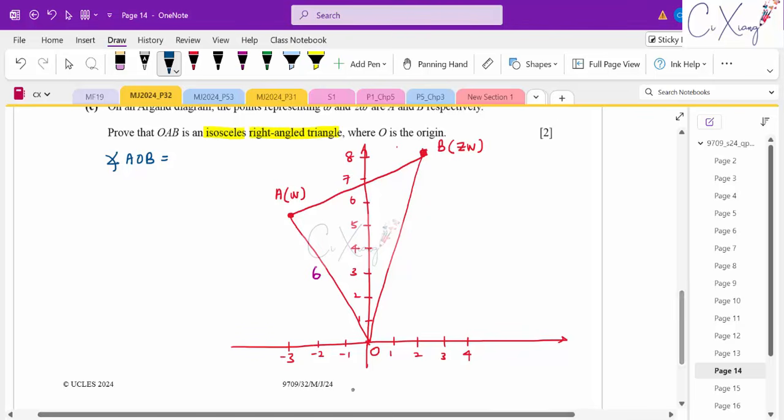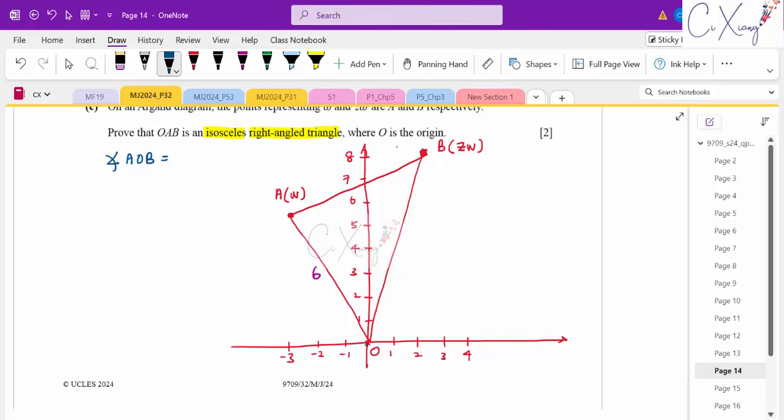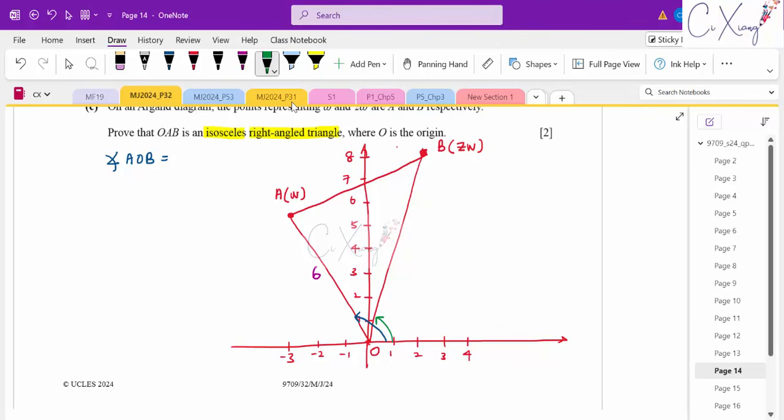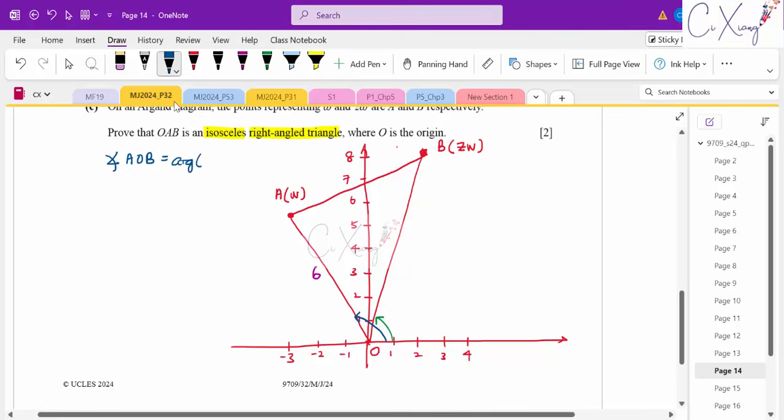To find AOB, the angle inside this triangle, I will use this large angle here minus the small angle. So the blue color angle minus the green color angle, then you'll get the angle AOB. So what's the blue color angle here? For this complex number, the blue color angle basically is the argument of W. So basically we are using argument of W minus the green color angle.